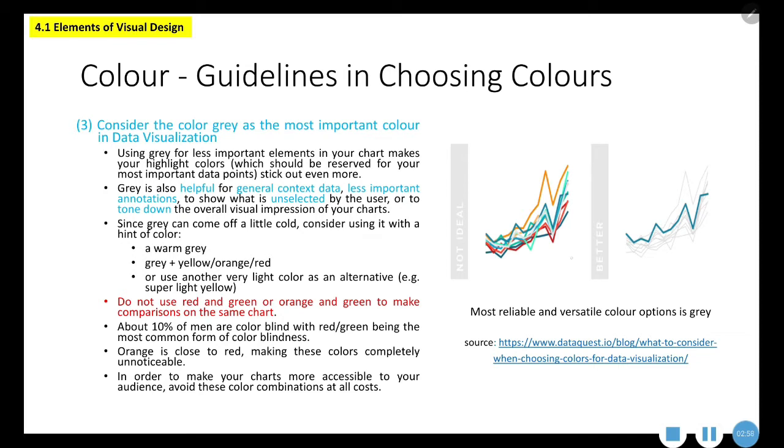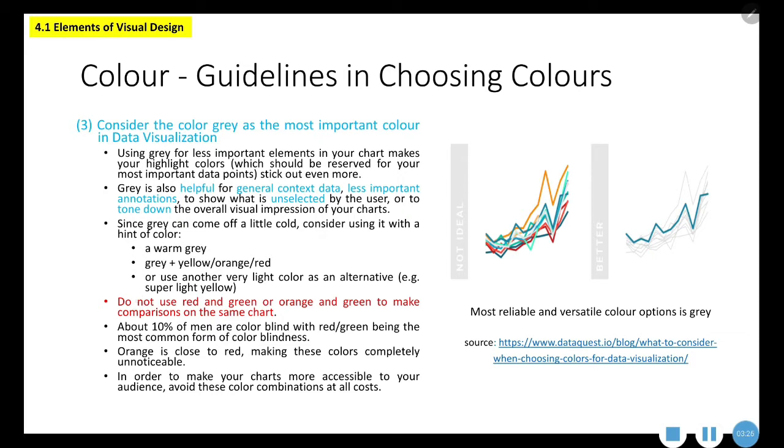Since gray can come off a little cold, consider using it with a hint of color. For example, if you want to emphasize some value, you use a warm gray, with gray plus yellow or orange or red, or gray with another very light color as an alternative, for example, super light yellow and so on.